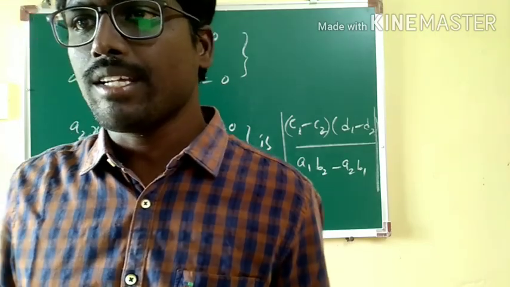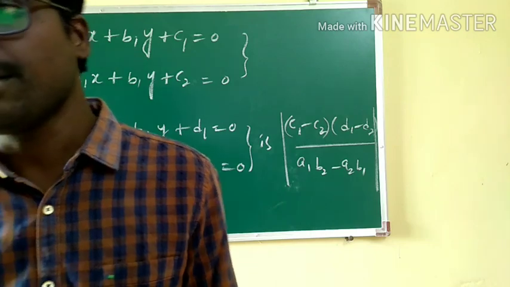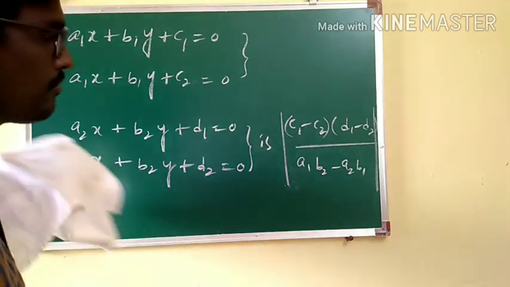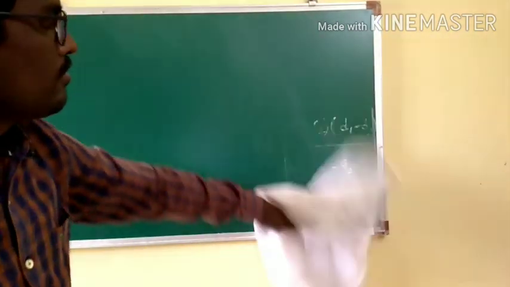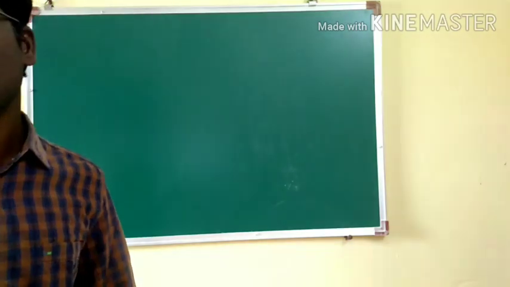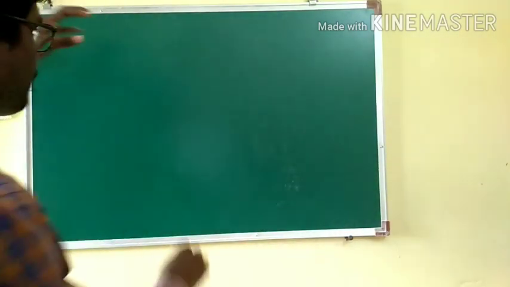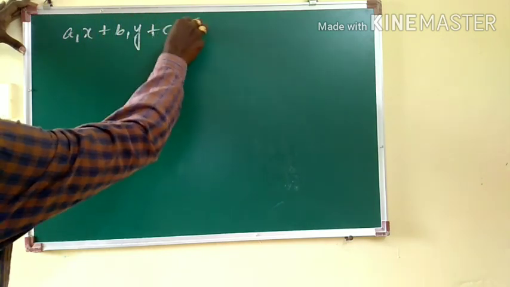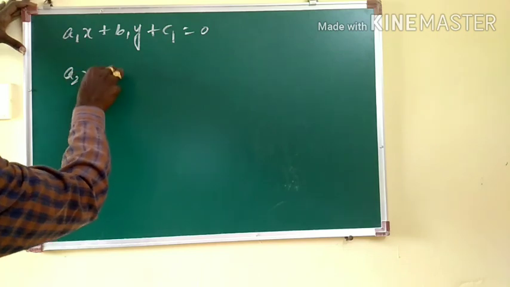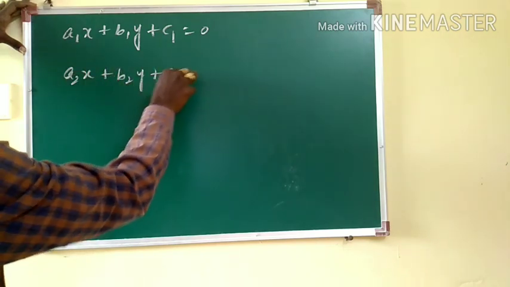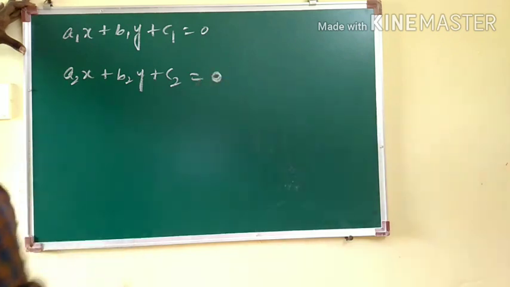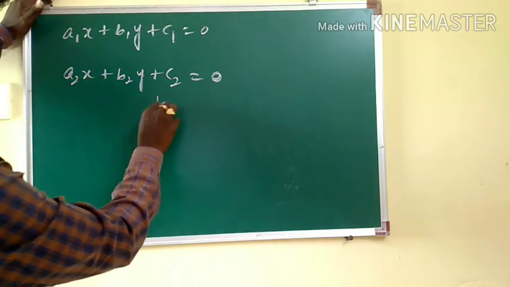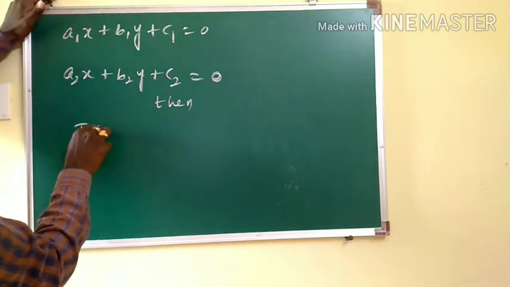Next, write angle between two lines in terms of cos theta and in terms of tan theta. If theta is an acute angle between the lines a1x plus b1y plus c1 equal to 0, a2x plus b2y plus c2 equal to 0, then what did I tell you about tan theta?